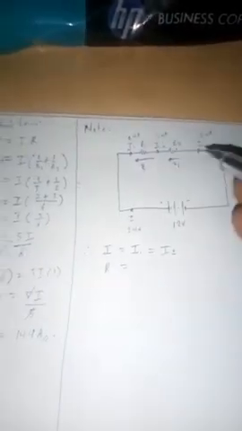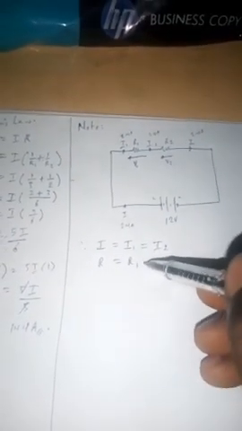But for the resistance, the total resistance in the circuit is a summation of the two resistors. For the voltage, this is the EMF and these are the voltage drops. So we say the EMF is equal to V1 plus V2, or the total voltage V equals V1 plus V2. This is for a series circuit.